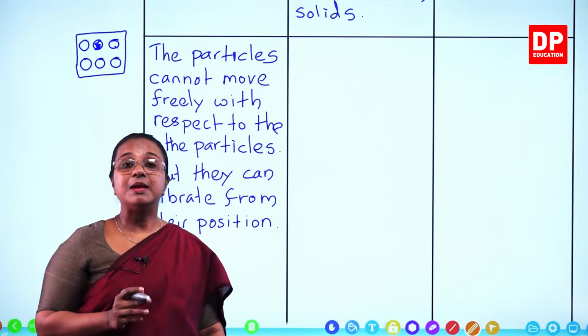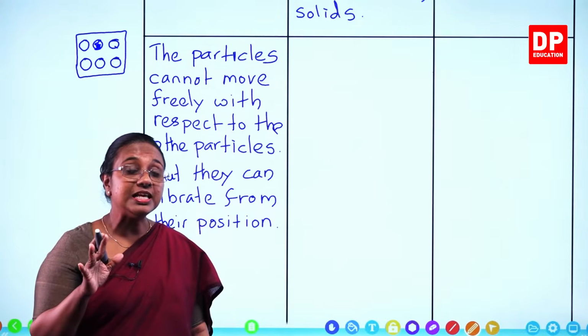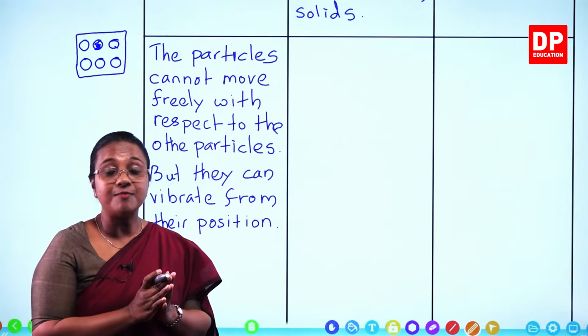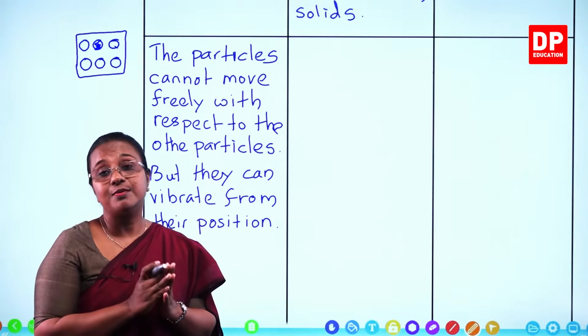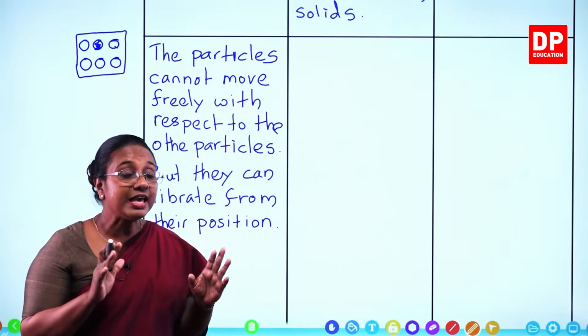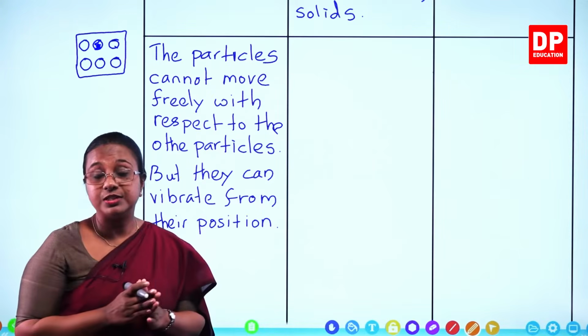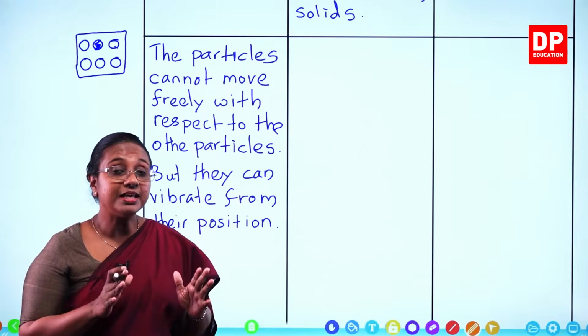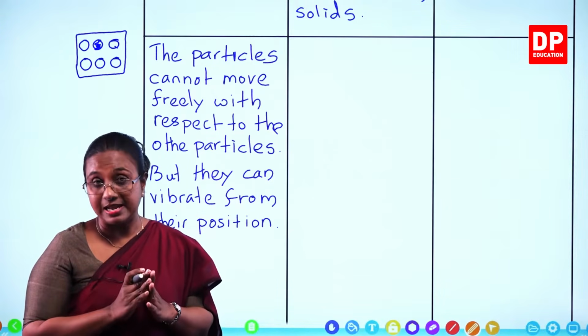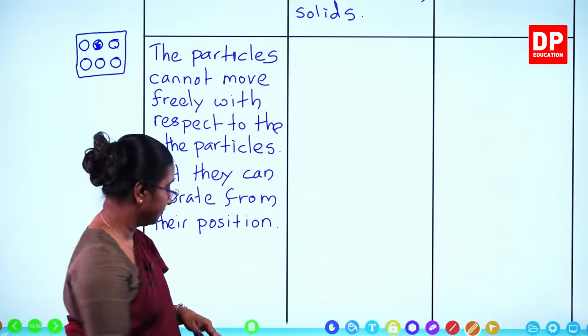But you all can imagine, students, between the liquids, the particles were somewhat randomly arranged and there was space. So they can move a little bit more freely compared to the solids. So the particles can move randomly to a certain extent.